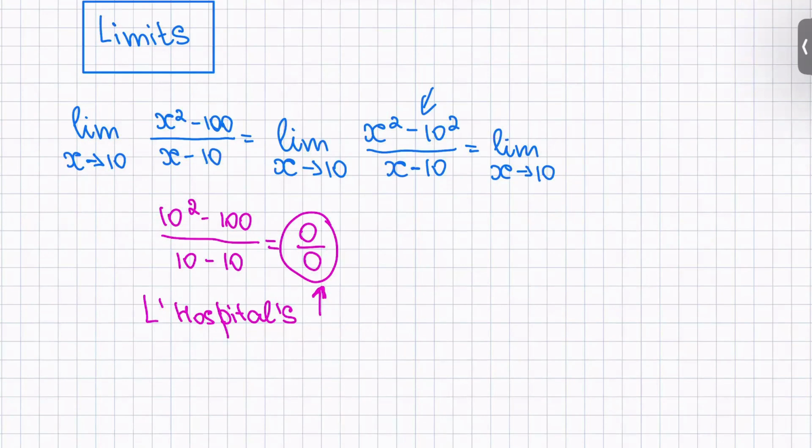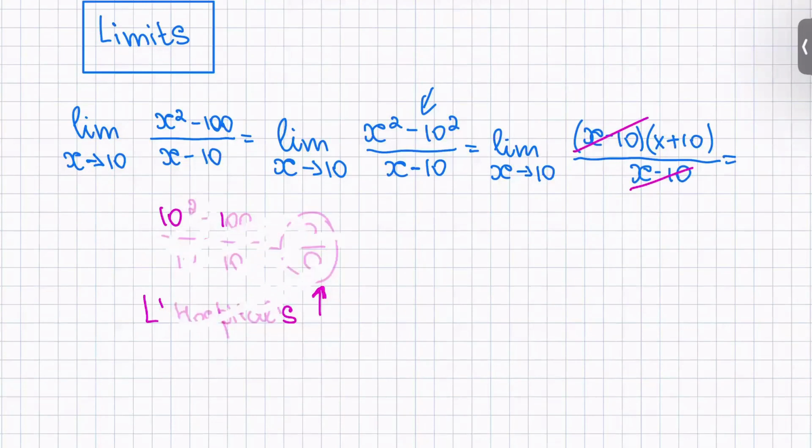So that is exactly equal to x minus 10 multiplied by x plus 10, and then we divide it by x minus 10. In this case, x minus 10 gets canceled.